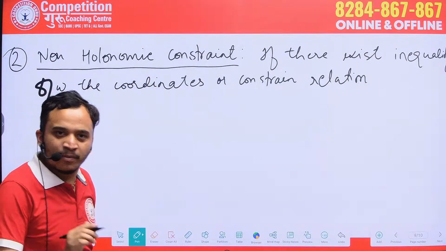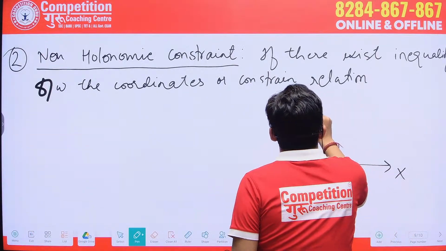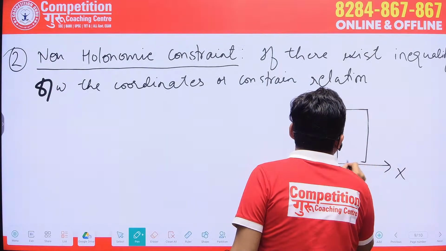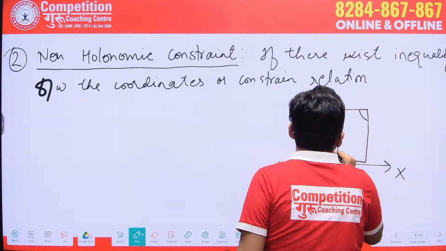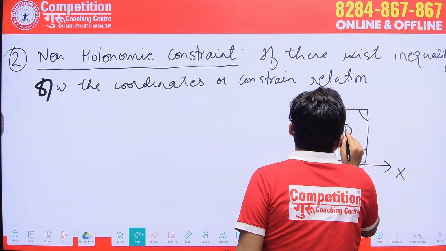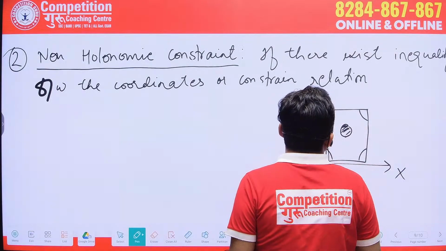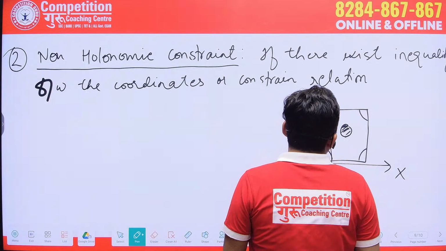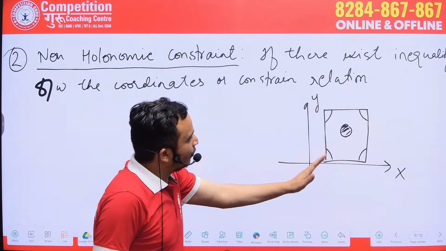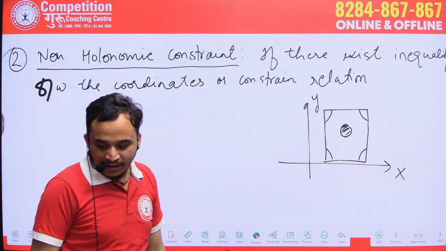Okay, so let's take another example. Let's suppose there is a carom board. The example of the carom board: there is x, here is y, and this is the carom board. Here these are the holes, and let's suppose we have a striker at this center. So this is x. Now if I want to represent the position, what is the limit of x and y, it can be written in this way.